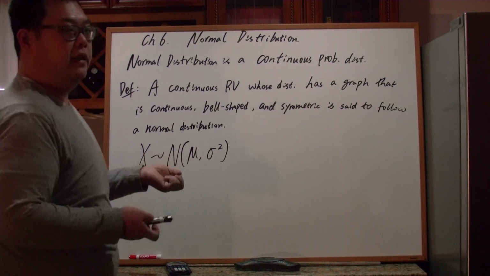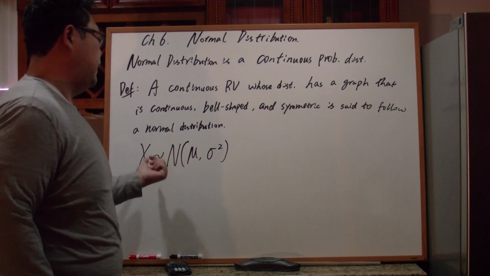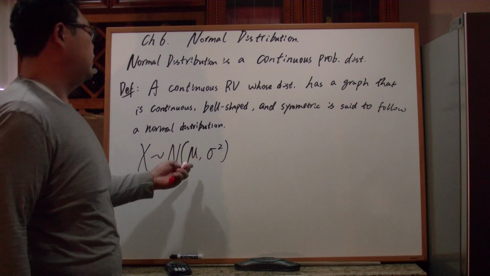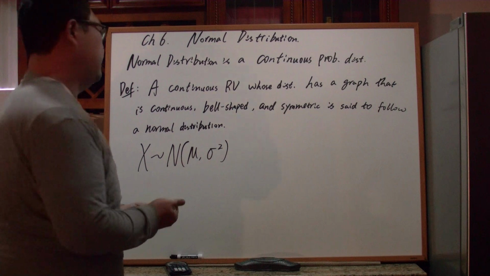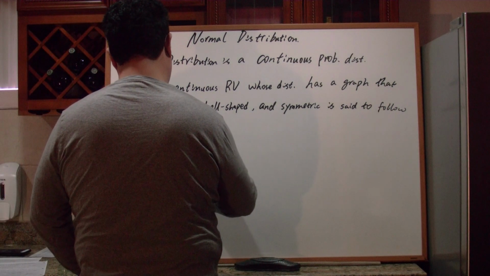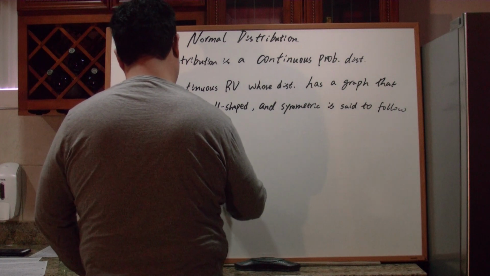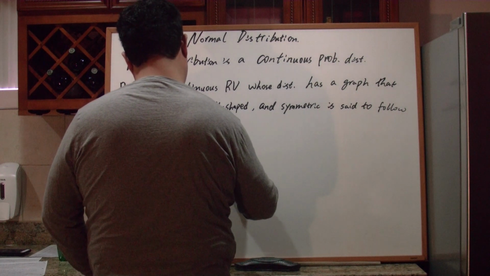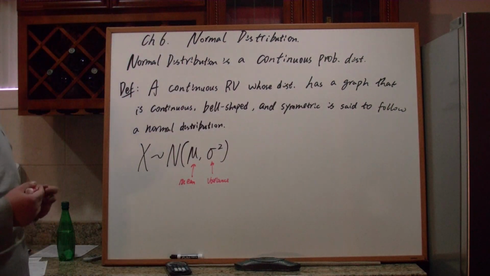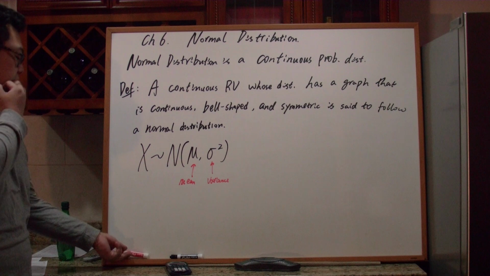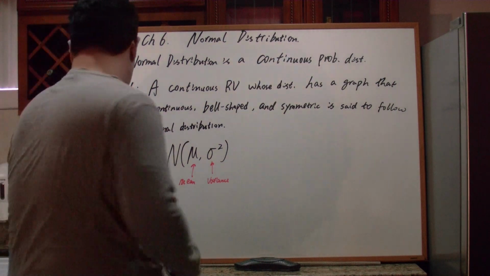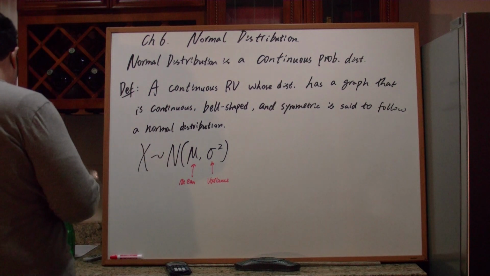Like the binomial, where n and p are the parameters, if we see binomial of n and p, we can do the problem. If we see the normal distribution, we're given the mean and the variance, or in other words, the standard deviation, and we can do the problem. The mean and the variance are usually put inside the parentheses.